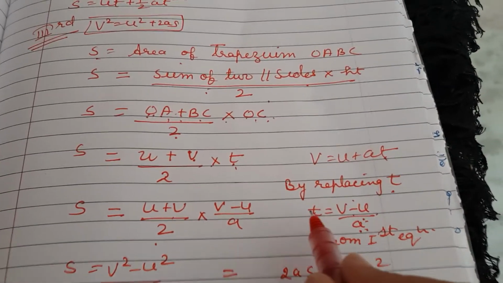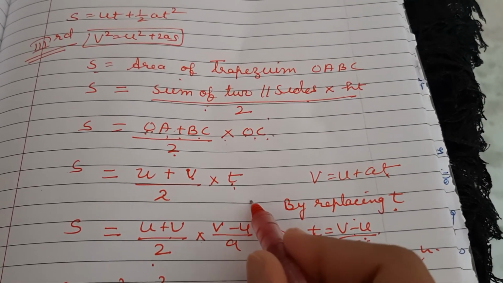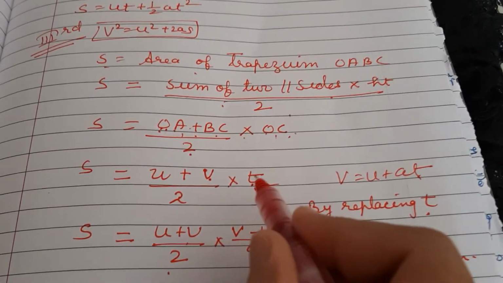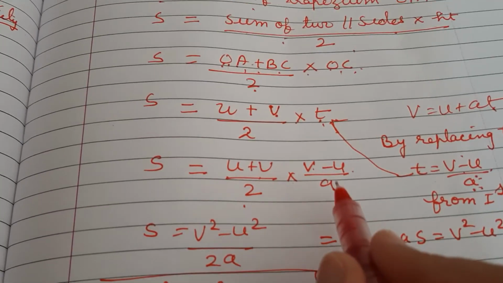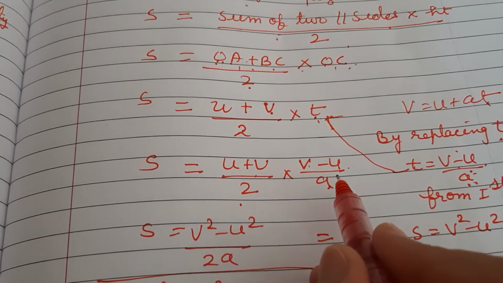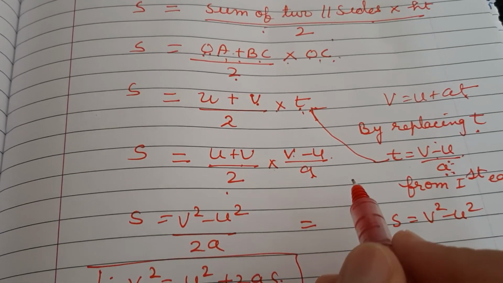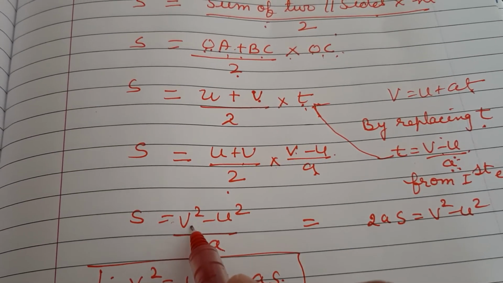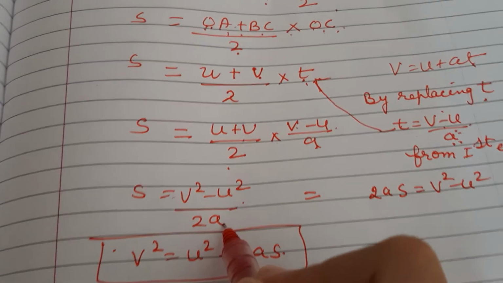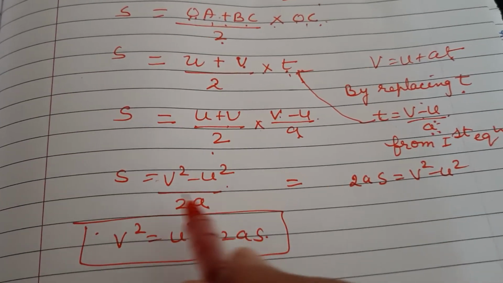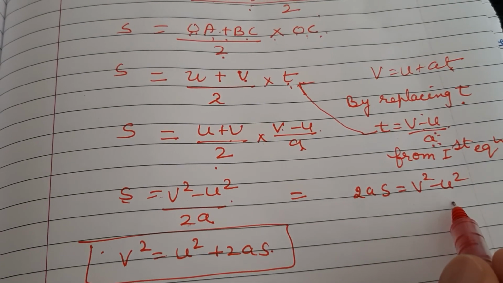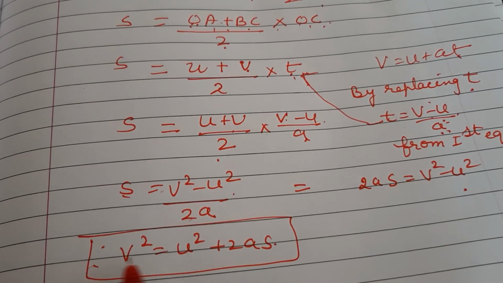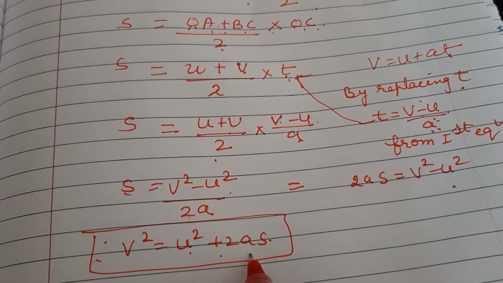We substitute this value of t here. Using the identity a plus b into a minus b is equal to a square minus b square, we write v square minus u square upon 2a. By cross multiplying, 2as is equal to v square minus u square, so v square is equal to u square plus 2as.